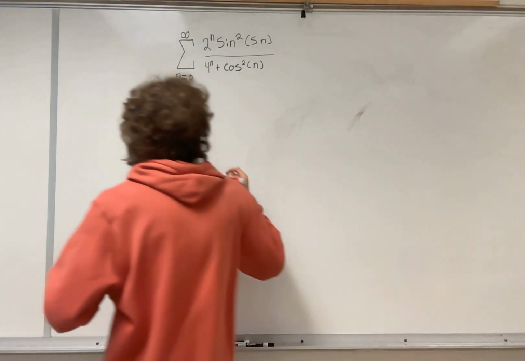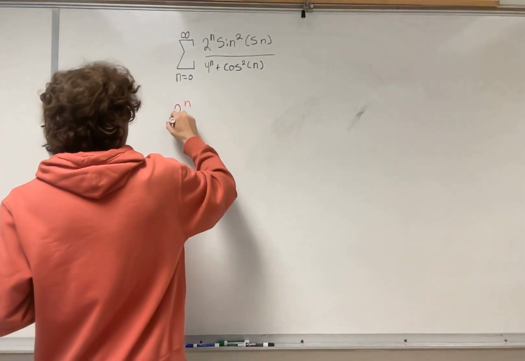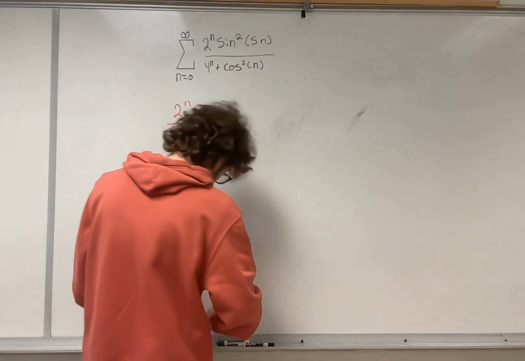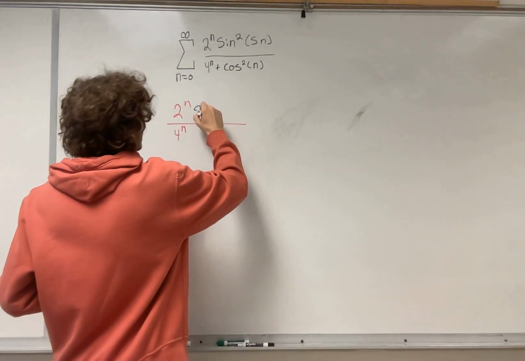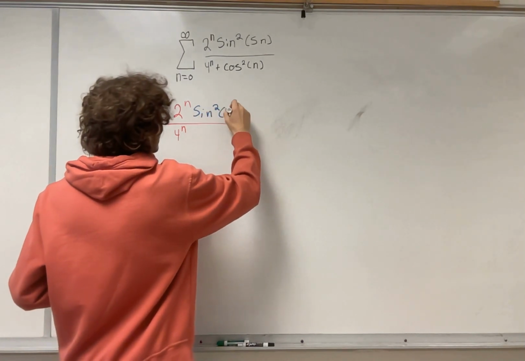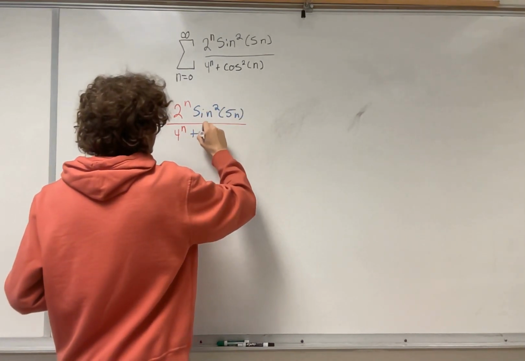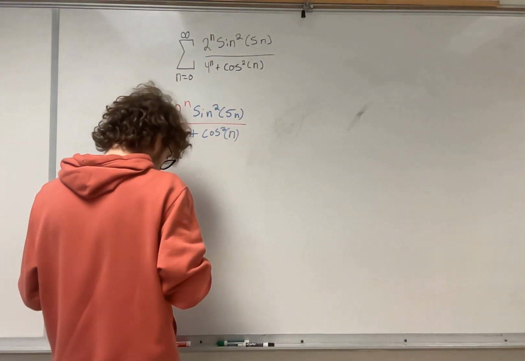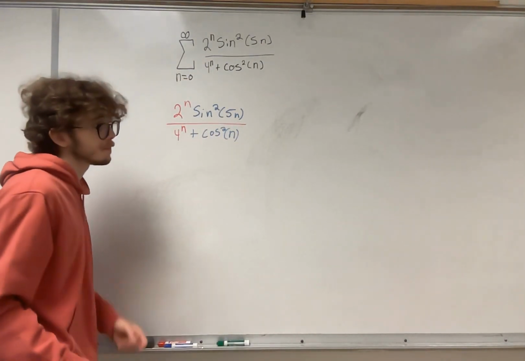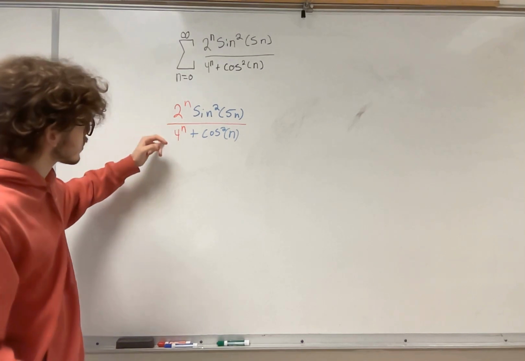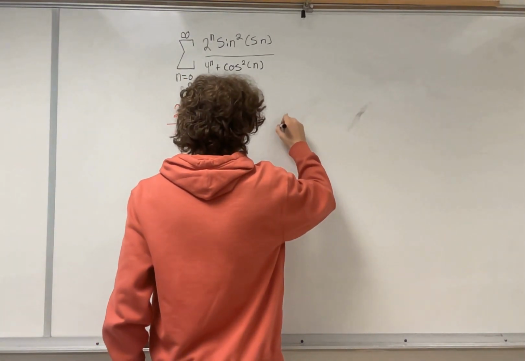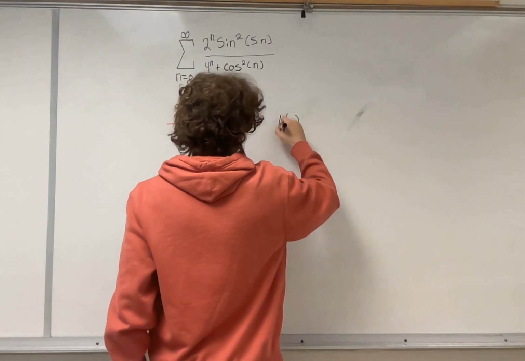Okay, so I'm going to rewrite our series. I want you to notice something here. We can derive a geometric series out of this, which would be 1/2 to the n.